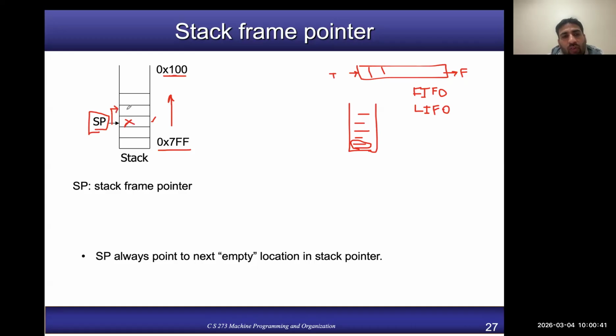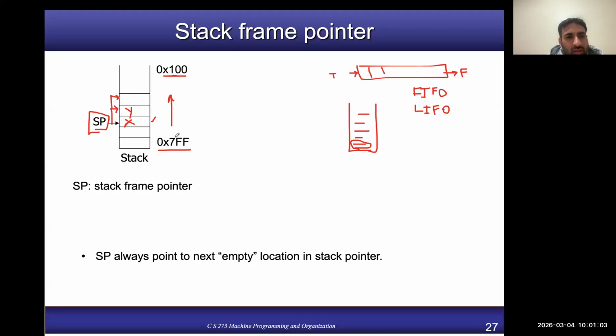Now let's say after that I want to place another element Y. It will be placed here, and then SP will be decremented to point to the next location, because in the AVR microcontroller the stack grows from higher addresses to lower addresses, and this is known as the stack growing downward.